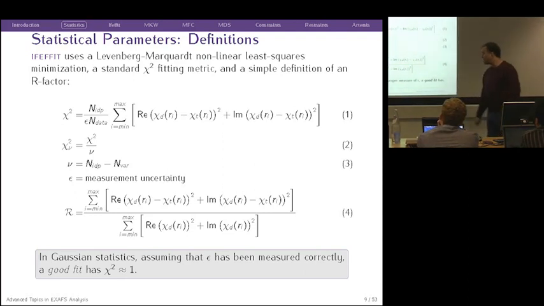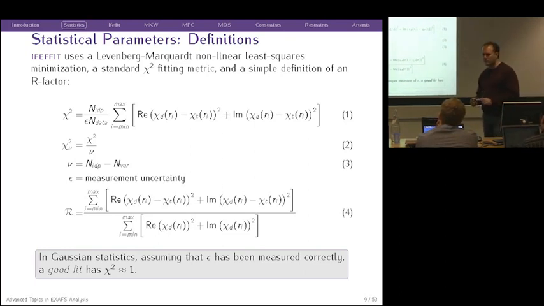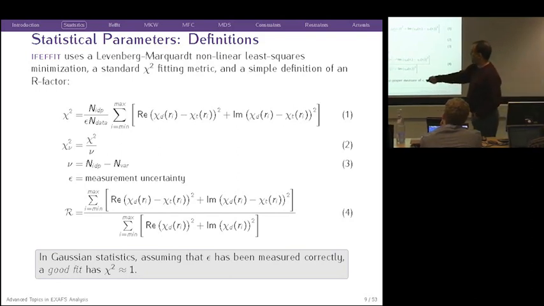Now, you can go and get a book on Gaussian statistics, on measurement statistics. There's Error Analysis in the Physical Sciences by a guy named Bevington, which has gone through a million printings over the years. It's just this really great book. It should probably be on every scientist's desk. And he derives Gaussian statistics and explains that a good fit is one for which chi nu squared equals 1.